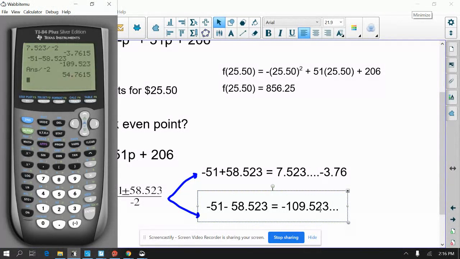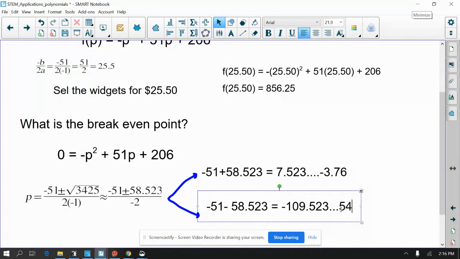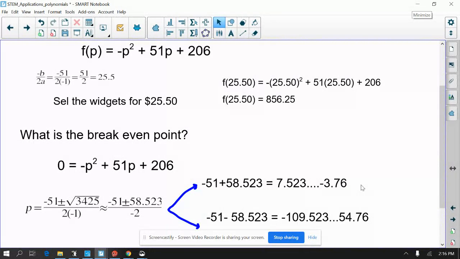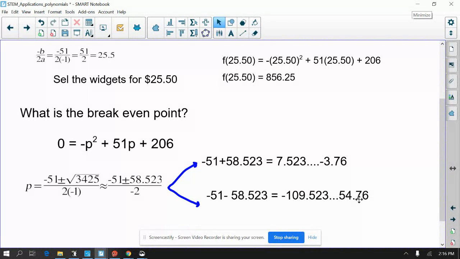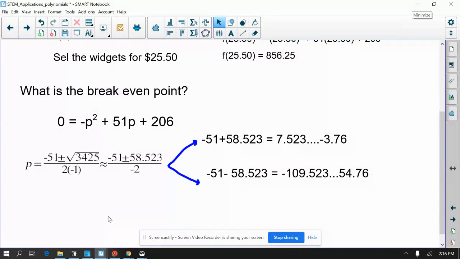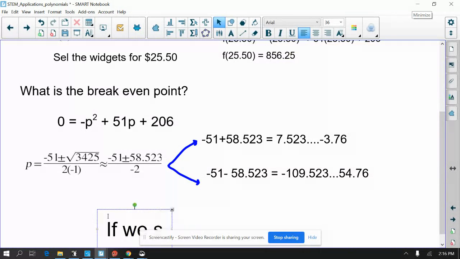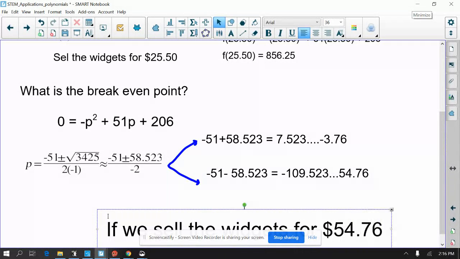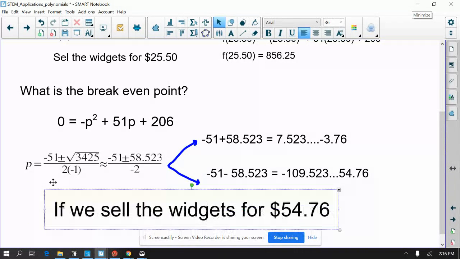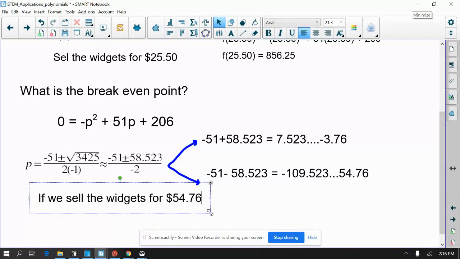That's exactly what I should. If I sell the widget for $54.76, what will happen? The profit will be 0.